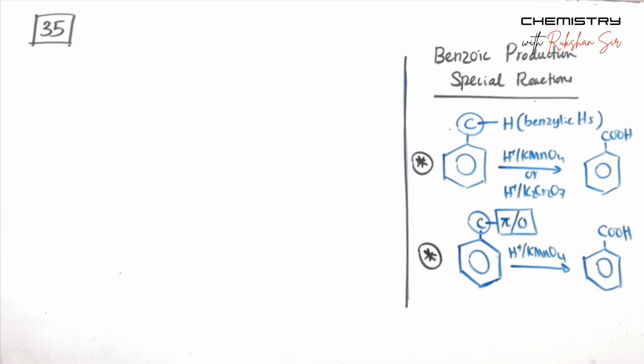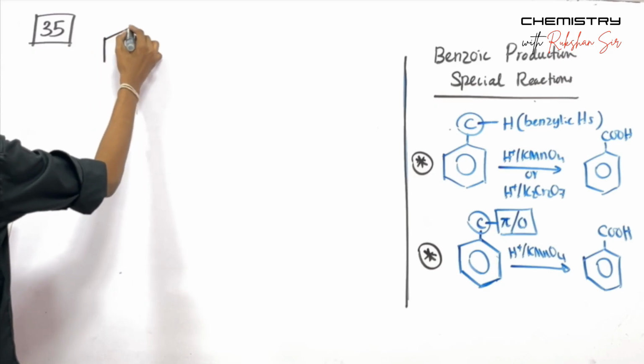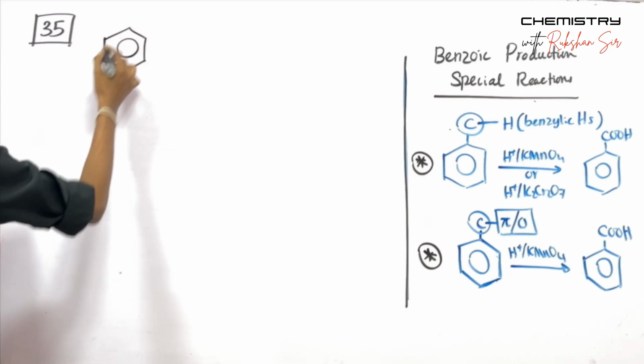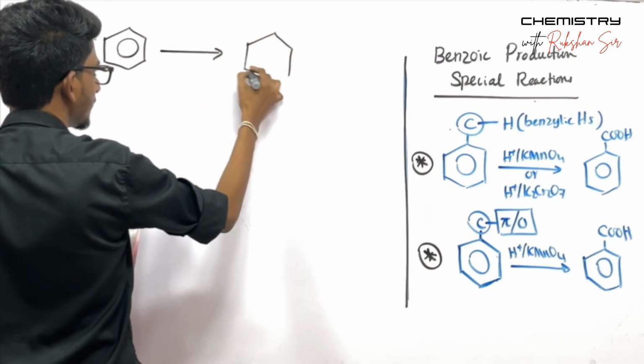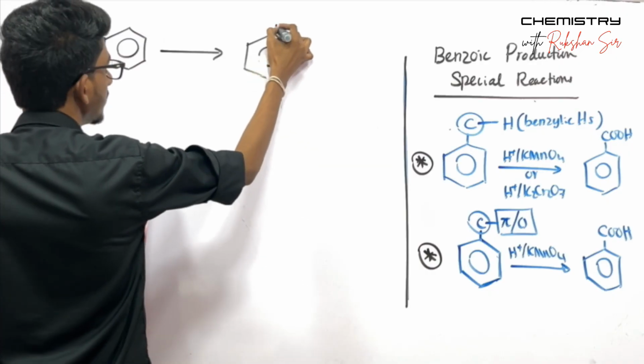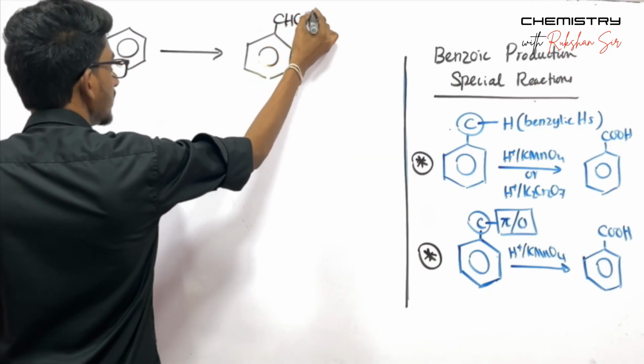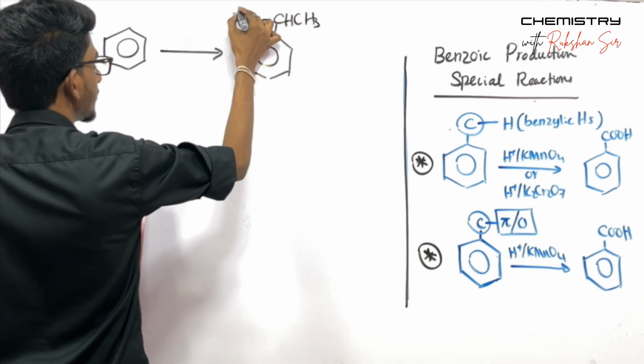Right, next one, 35. Starting from benzene, you are expected to bring out this: CH3 is there with some OH.